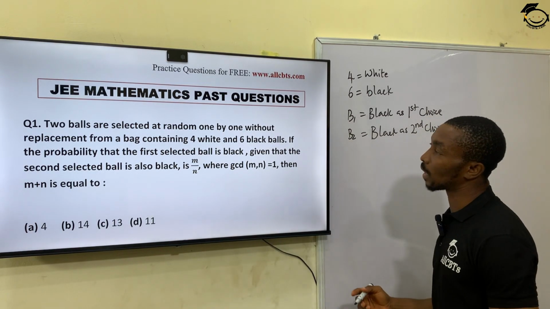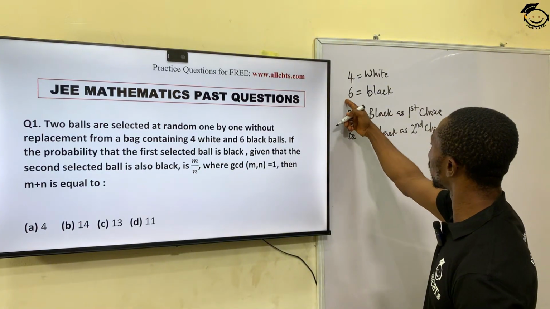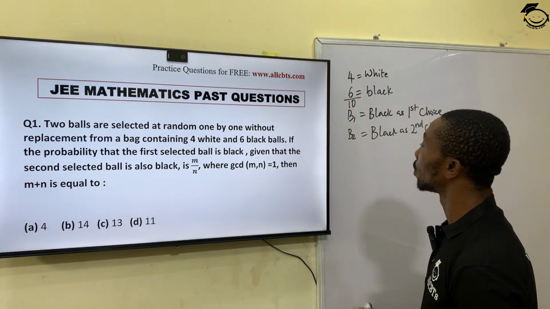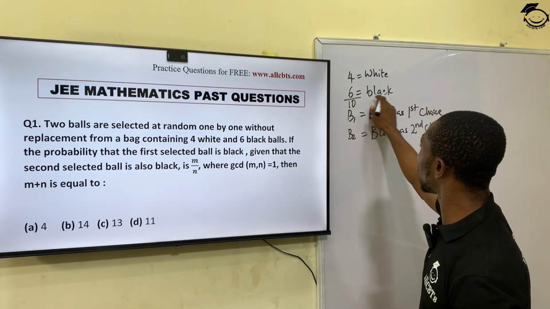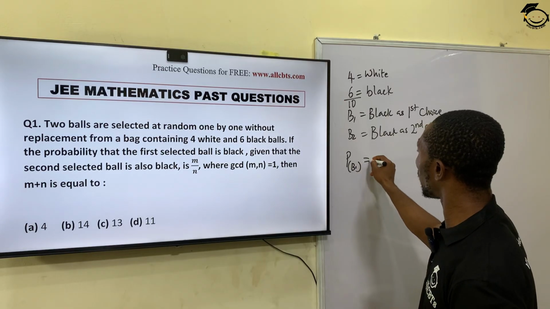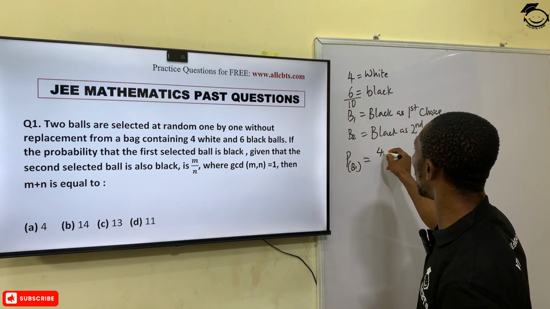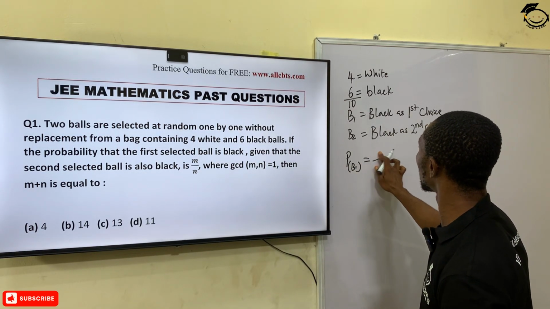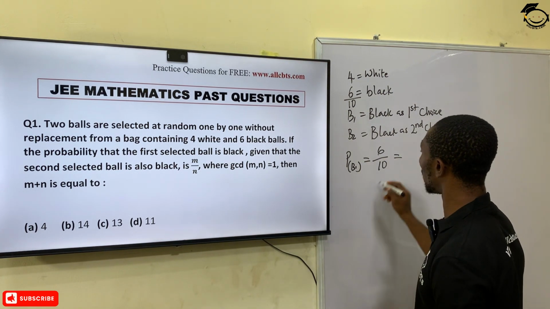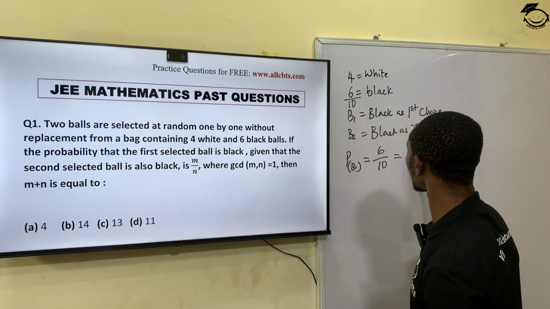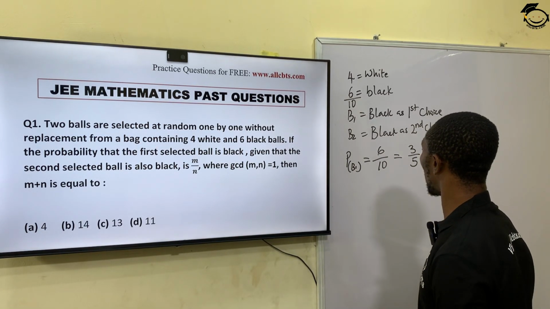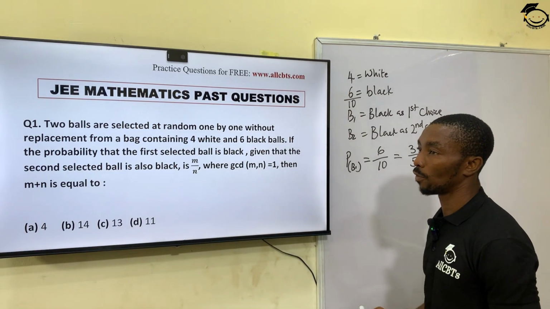Now, first off, the total number of balls we have in our bag will be 6 plus 4, which will give us 10. So our probability of picking a black ball first, probability of B1, will be 6 over 10, which when broken down gives 3 over 5.